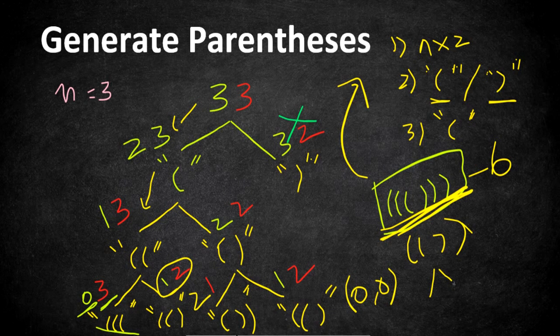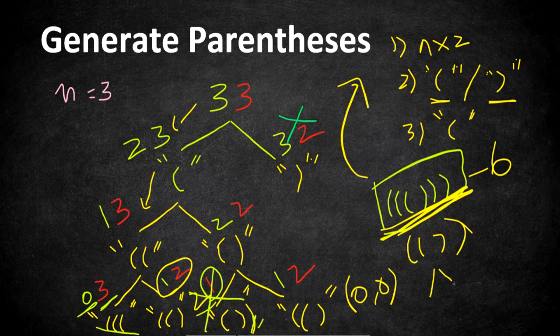For example, we are left with this string at the state where we have two open brackets left to fill and one closed bracket left to fill, which is actually an invalid scenario where we need an open bracket in order to use this closed bracket. So we are not going to proceed with this path, and we skip it and proceed with the valid ones. So this is how this backtracking algorithm is going to work.